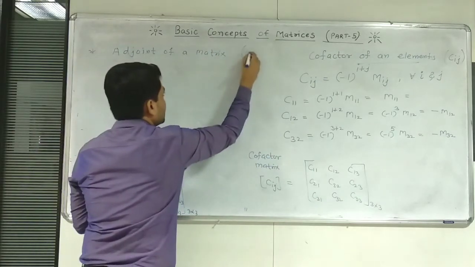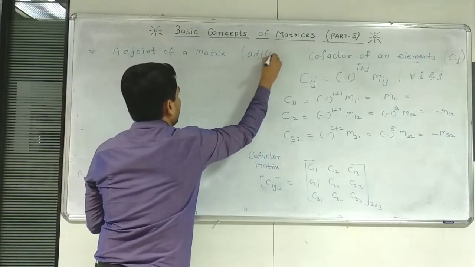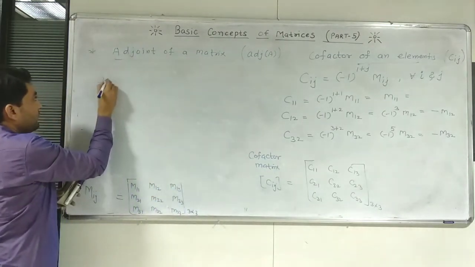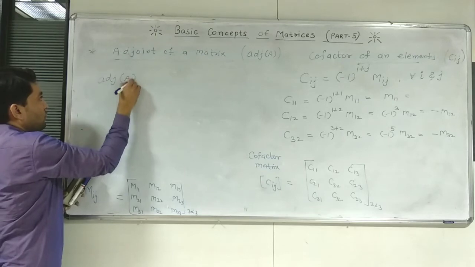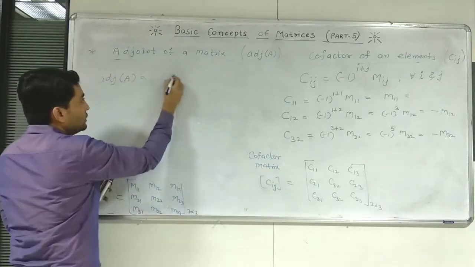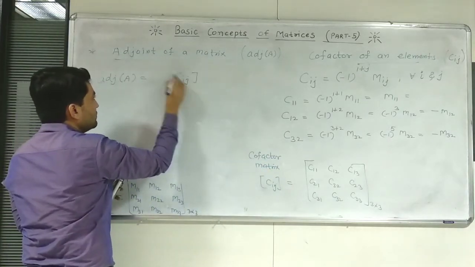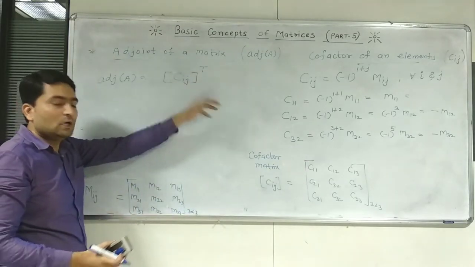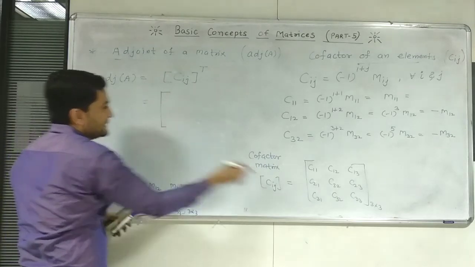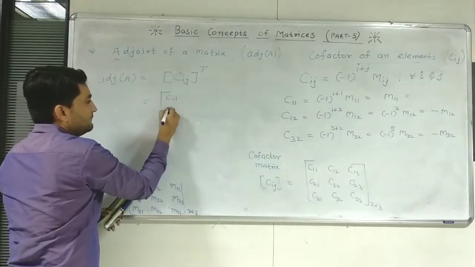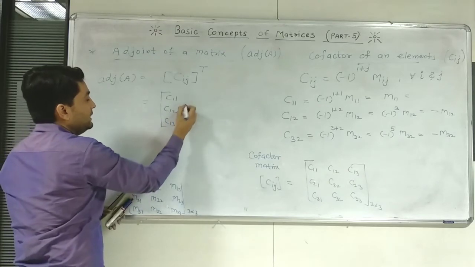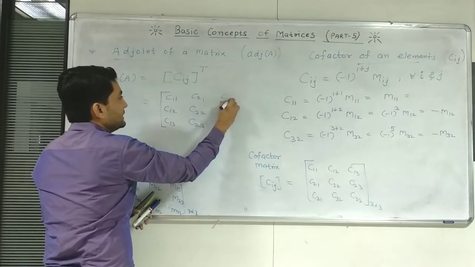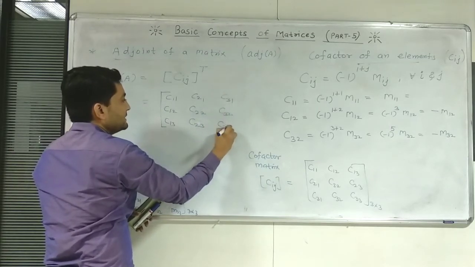Its notation is adjoint of A. If you want to find the adjoint of A, we have already found the cofactor matrix. Whatever cofactor matrix comes out, you have to transpose it, that means interchange rows and columns. So this is the cofactor matrix: C11, C12, C13, C21, C22, C23, C31, C32 and C33.